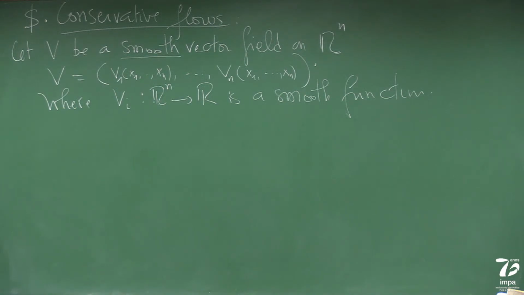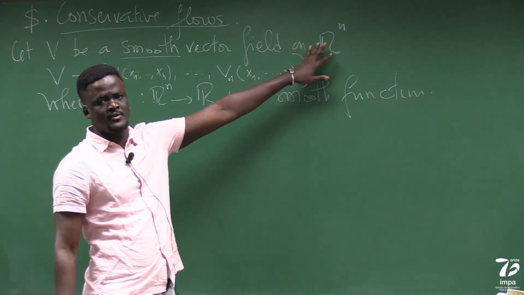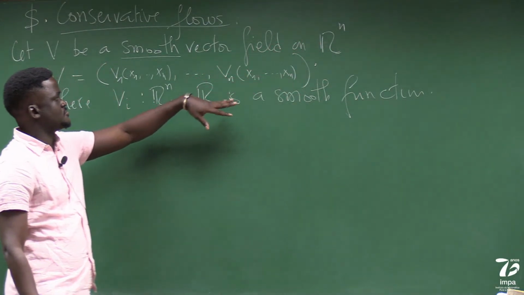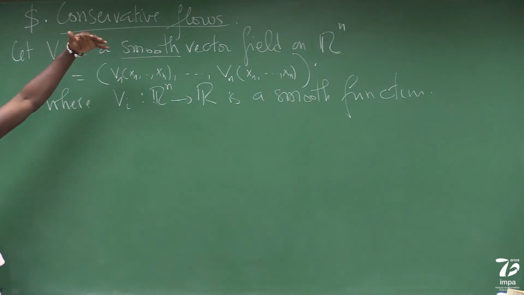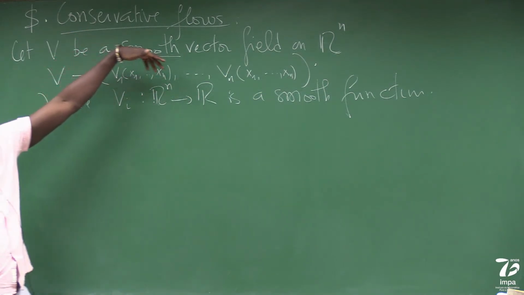V is a smooth vector field, so the components are smooth. If you are on general manifolds, everything holds: you can write your vector field in local coordinates where the coefficients are smooth.